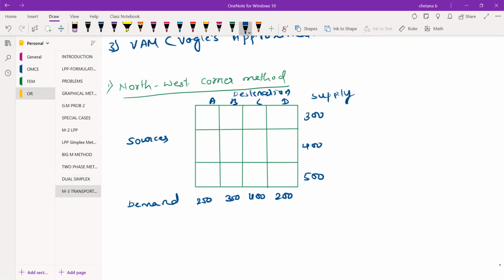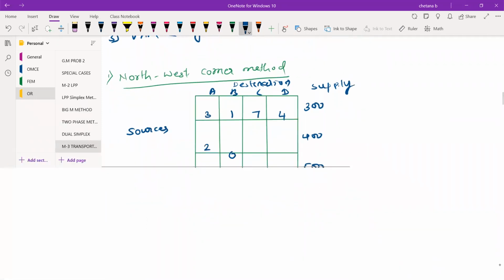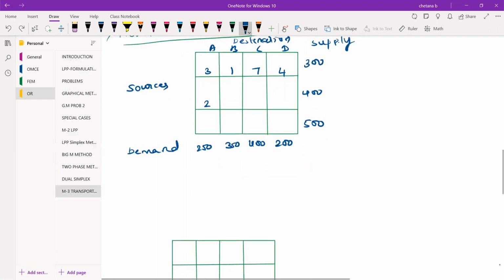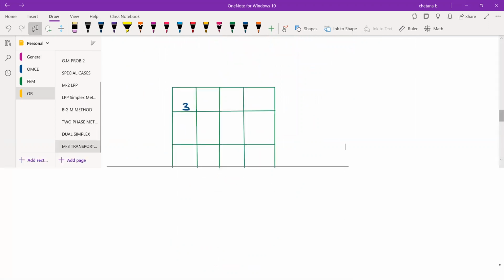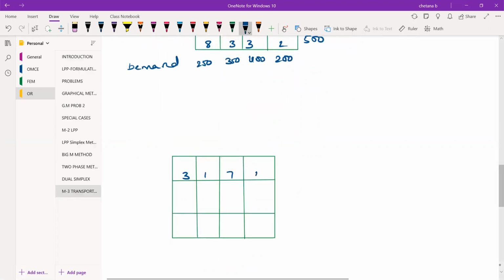And the costs are 3, 1, 7, 4, 2, 6, 5, 9, 8, 3, 3, 2. Similarly here also it is 3, 1, 7, 4, 2, 6, 5, 9, 8, 3, 3, 2.